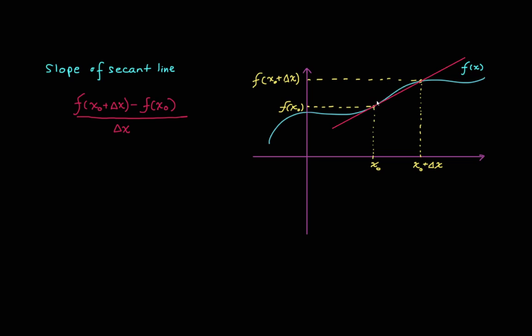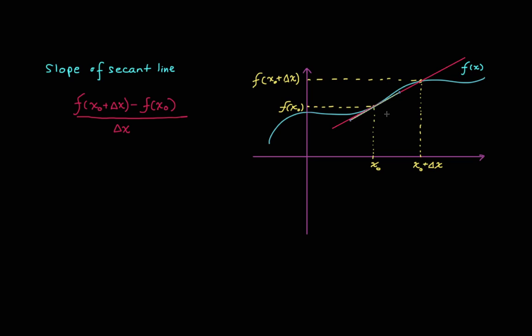So maybe we're interested in this point here, and I want to find a line that just kisses the curve right there. It's okay if eventually the curve passes through that tangent line again. What's important is that our line is defined by passing through that single point as you get arbitrarily close to the point of interest.